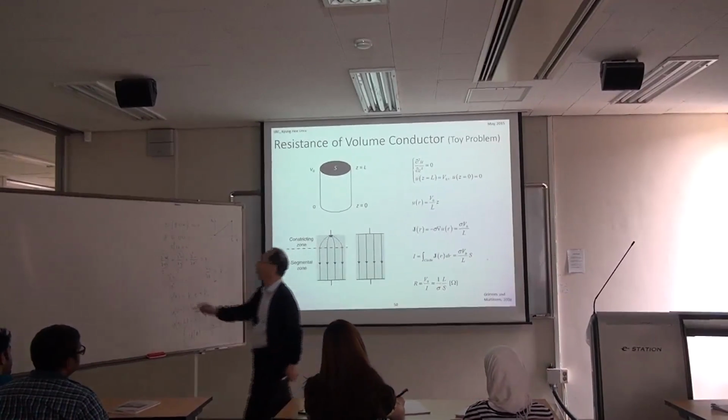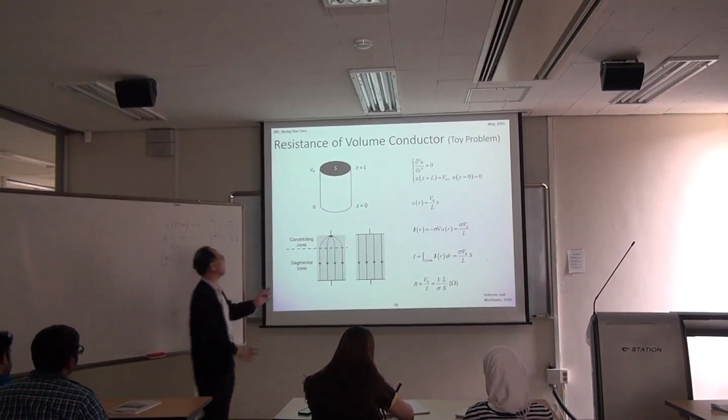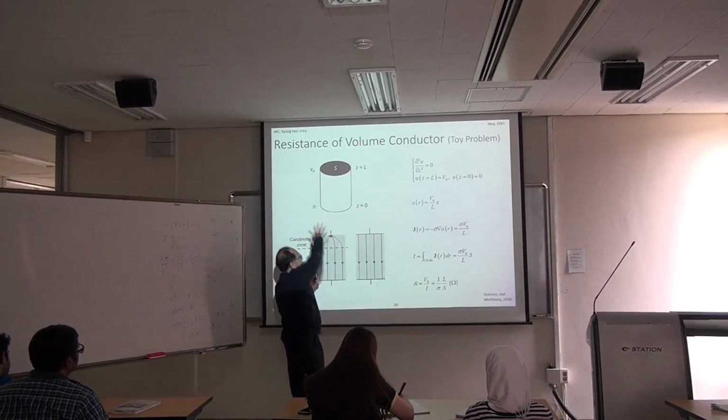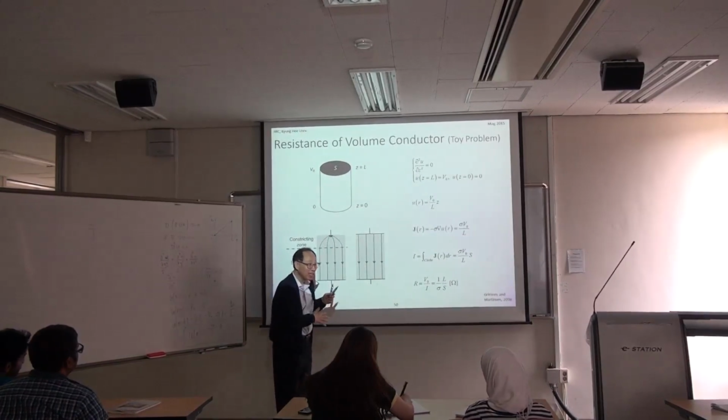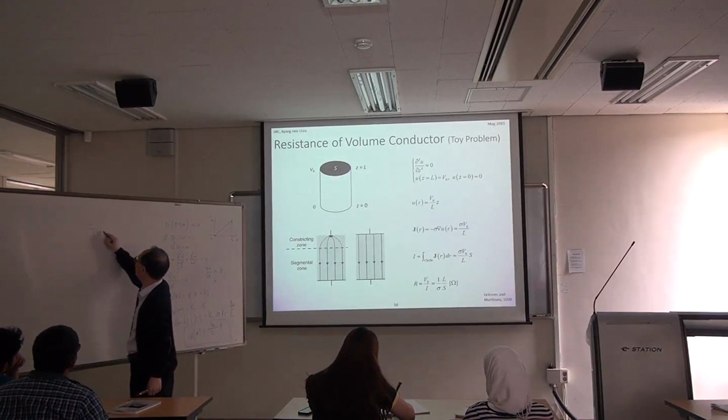Now, what is current density? What is current density inside here? Current will flow from the top to the bottom, right? So what's going to be the current density as a function of z?